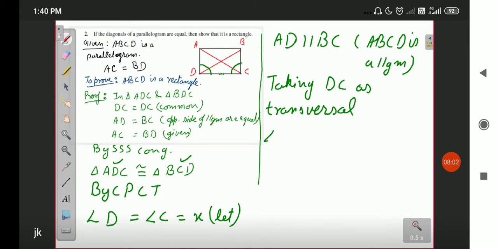Angle D plus angle C will be equal to 180 degrees because these are a pair of co-interior angles.